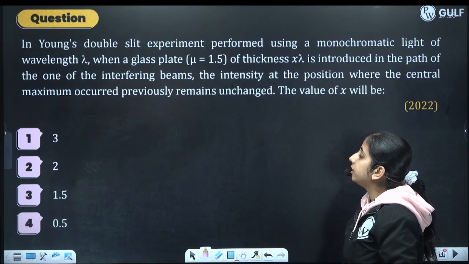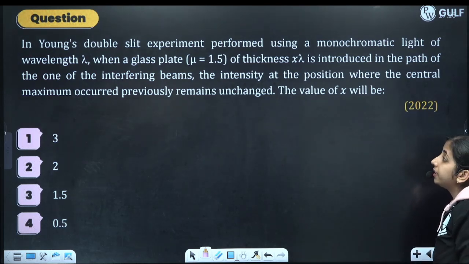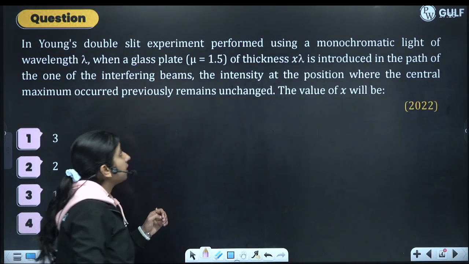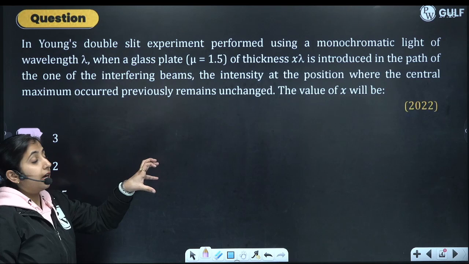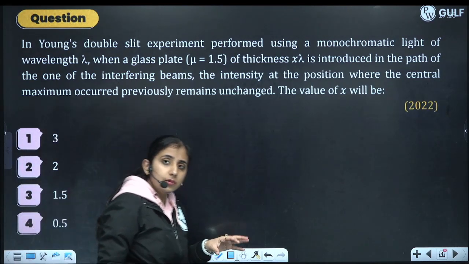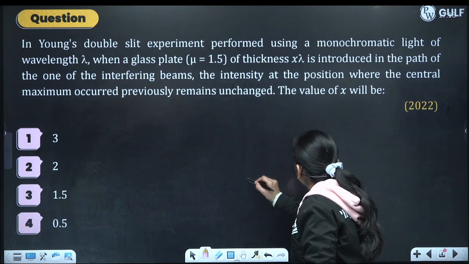See the next question. In Young's double slit experiment performed using a monochromatic light of wavelength lambda, a glass plate of thickness x lambda is introduced in the path of one of the interfering beams. We are using wavelength lambda, two sources.